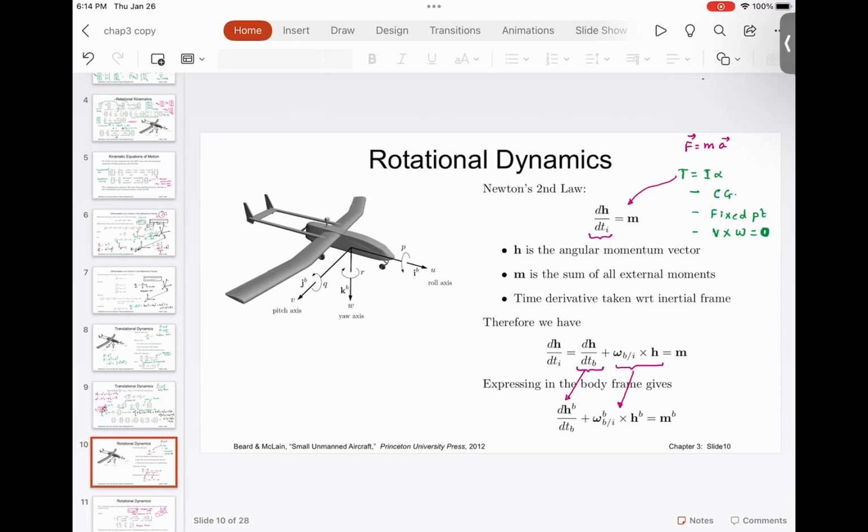What that means is wherever you choose your axis, the value of angular momentum is going to be different, because angular momentum is the linear momentum multiplied by the radius. So wherever you have your axis, that radius term is going to change. If you apply this equation around CG, this is the equation.